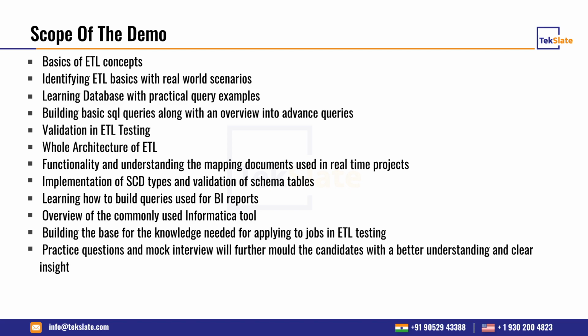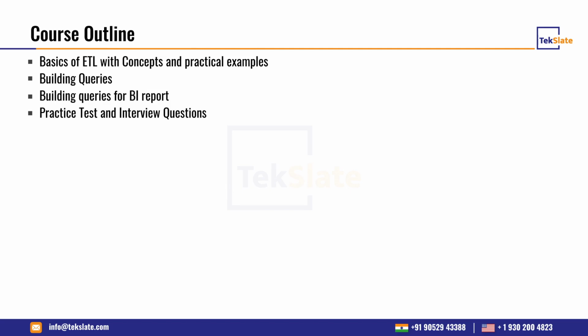After this, we can move on to the course outline. The course outline consists of 4 main topics. First is the ETL basics with concepts and practical examples, how ETL is used practically in real-time projects, and how it benefits the organization in doing business.